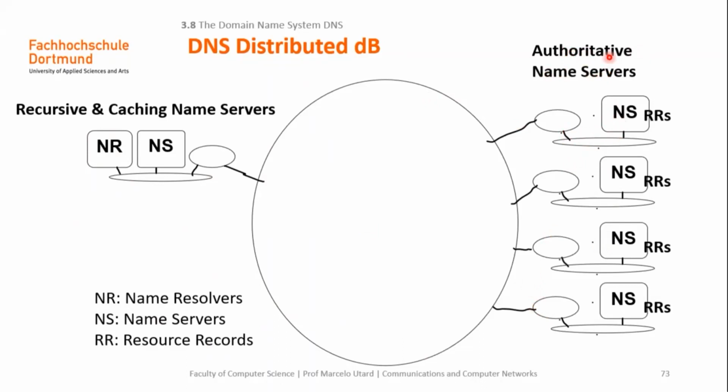Remember that authoritative name servers are the name servers that contain the resource records, that is the DNS information of each zone, where that administrative entity has authority to add, modify, or delete information in that portion of this single distributed database.